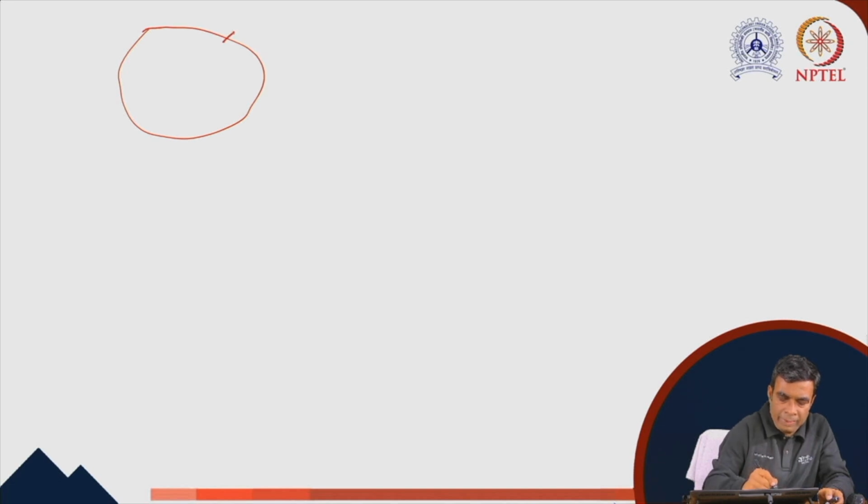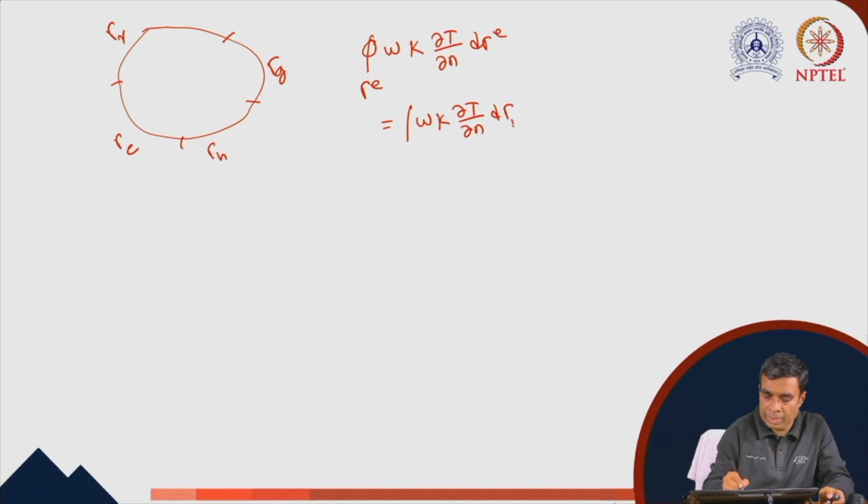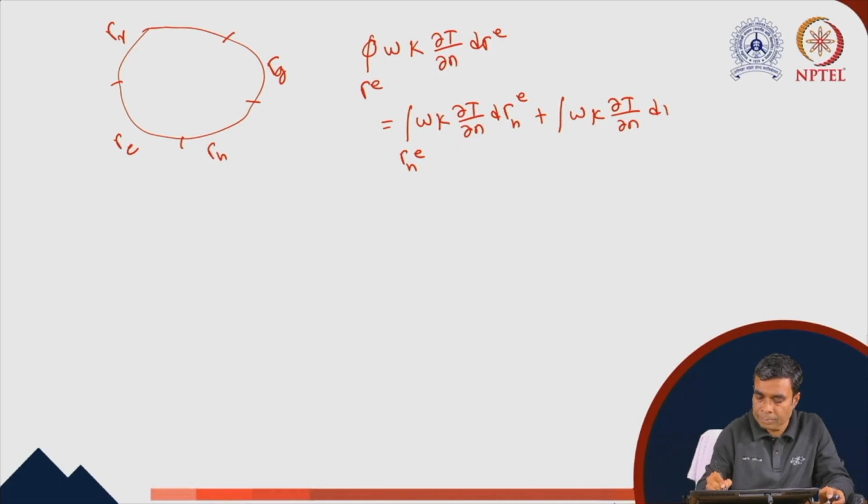So here the boundary is decomposed into gamma G, gamma H, gamma C, and gamma R, and accordingly the boundary integral term, which comes as integration of w k del T del n d gamma e, equals integration of w k del T del n d gamma He along the boundary, plus the same term over the convective part gamma Ce, plus the radiative portion gamma Re, w into k del T del n.